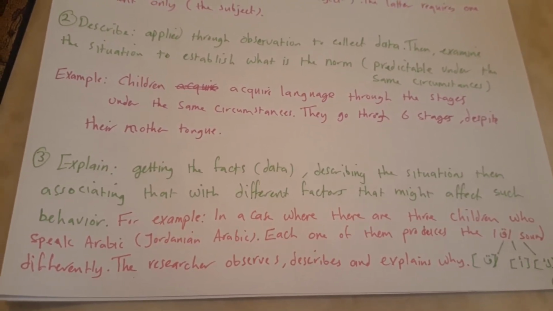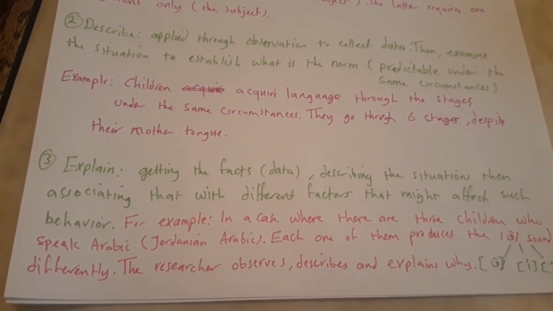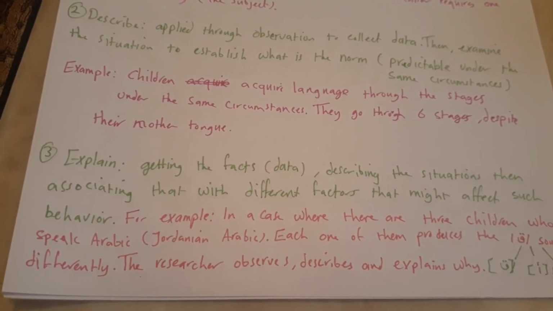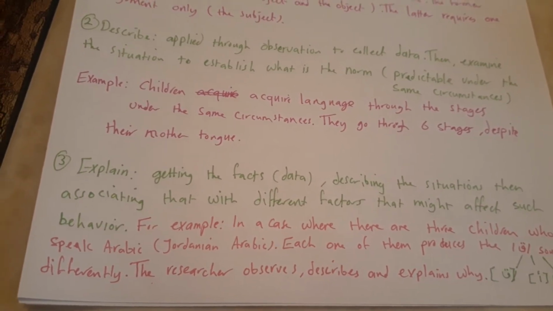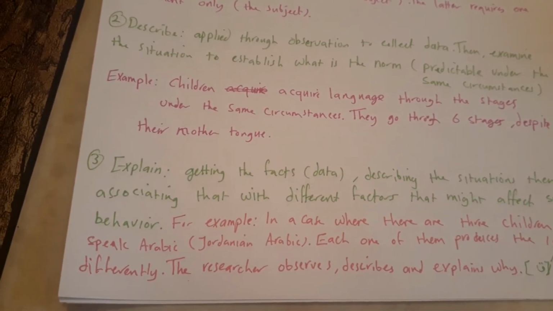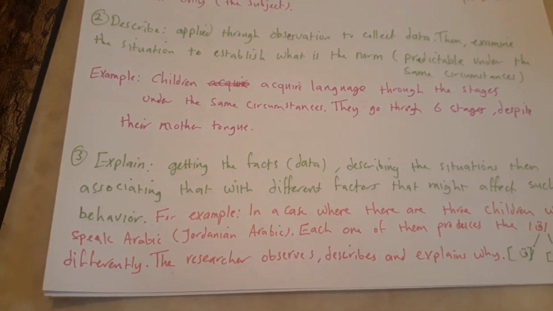Now we want to describe the phoneme qa. Each one of them pronounces this sound differently. Maybe one of them would say qa, the other one would say ga, another one would say a. You want to see which factors stand behind such linguistic behavior.